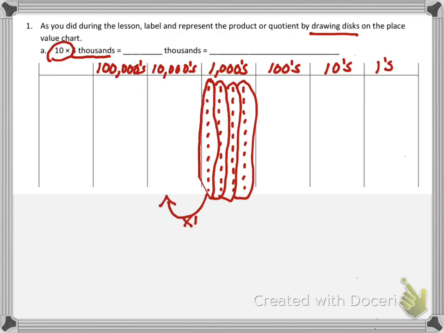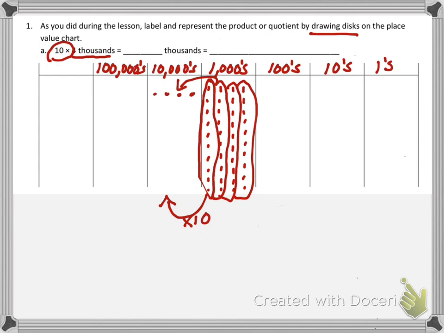So this first bundle we have is going to be placed in the 10,000s place. And the second group is going to be placed in the 10,000s. The third group, and then the last one. So now we have 4 discs in the 10,000s place.